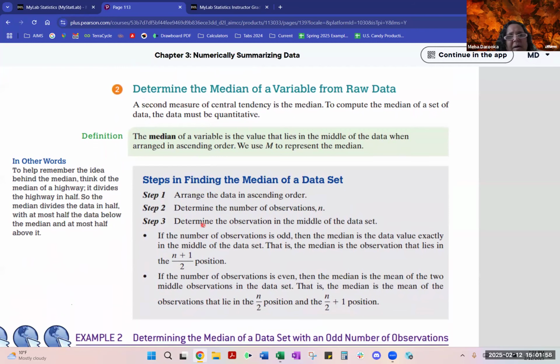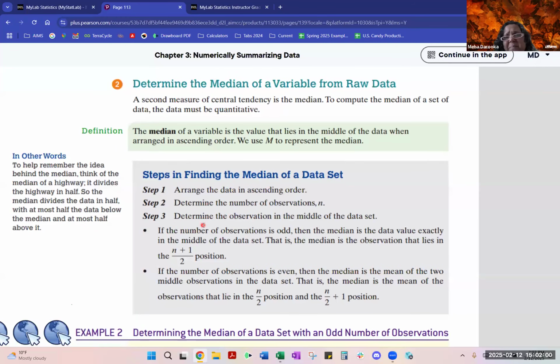Here, we're talking about the median. Now, median is based more on the placing, the position of the data. If you look at the definition over here, to compute the median of a set of data, of course, our data must be quantitative, so it's got to be numerical data.